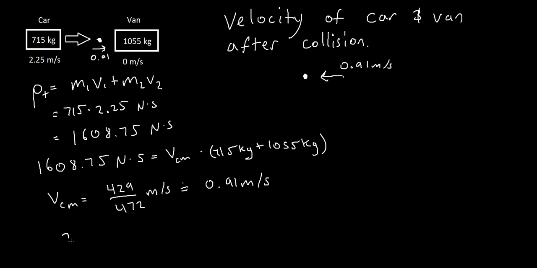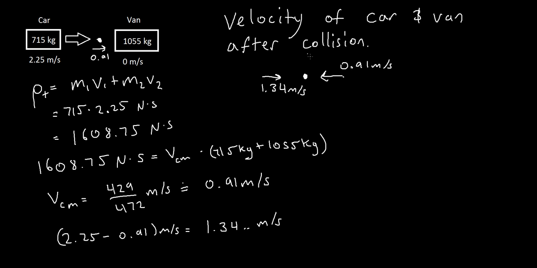So 2.25 minus 0.91 equals 1.34 something, and I actually used the fraction on my calculator. So the car is approaching the center of mass at 1.34 meters per second.